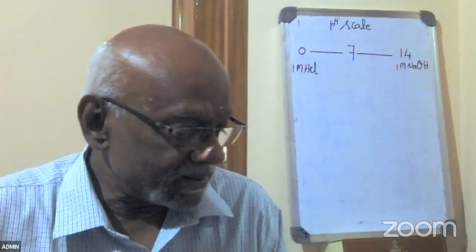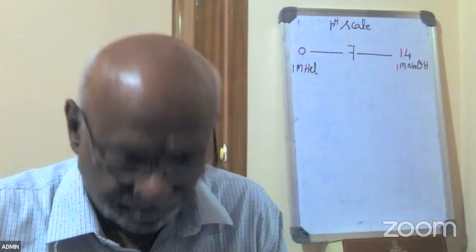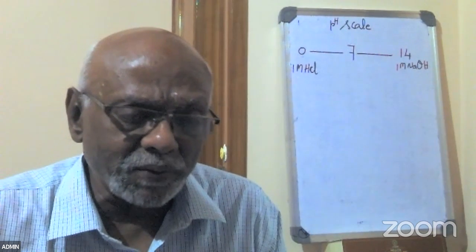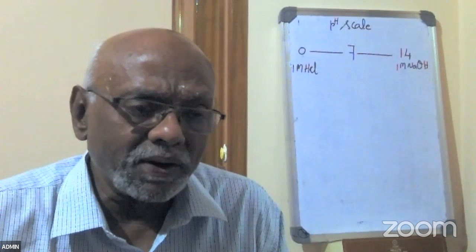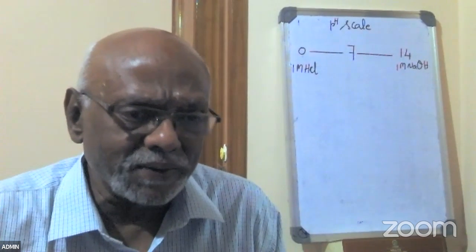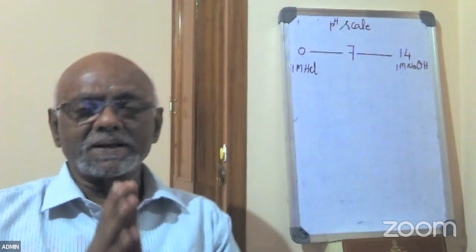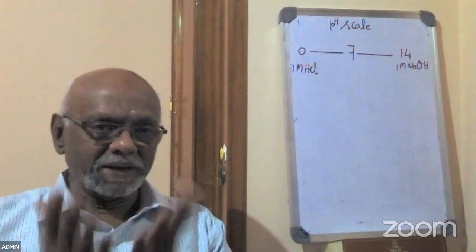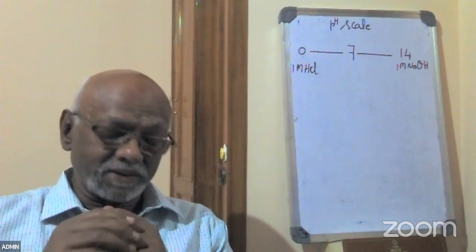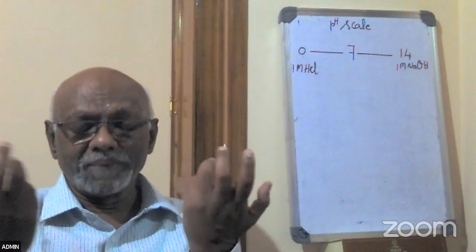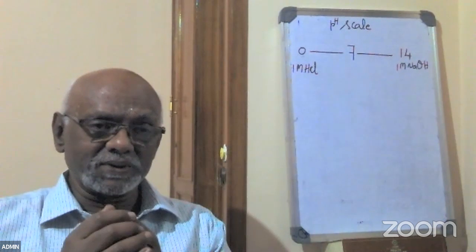So from this, we have come to a question: how strong are acids or bases? How do we know that? How do we say that a certain acid is a strong acid or a weak acid, or a substance is an acid or a base, or it is neutral?